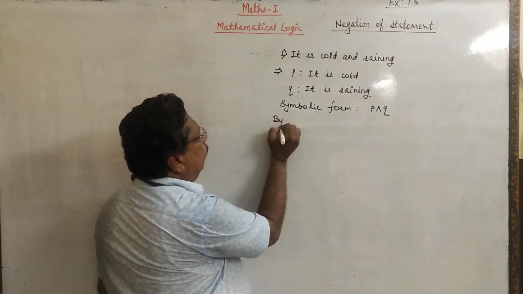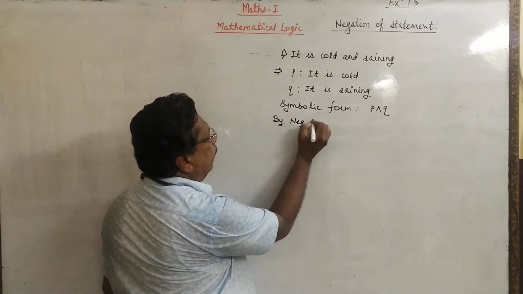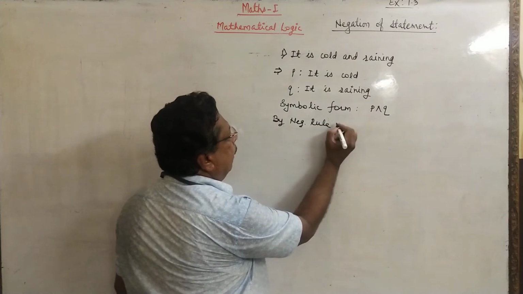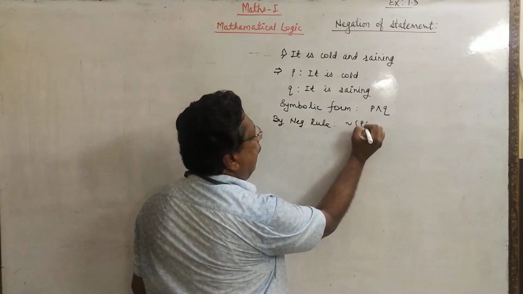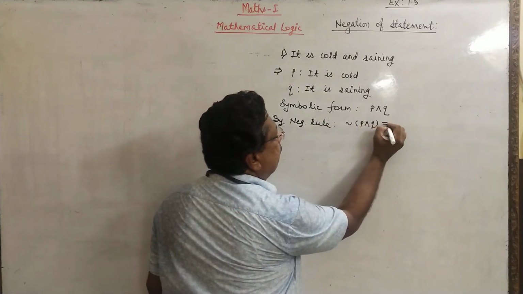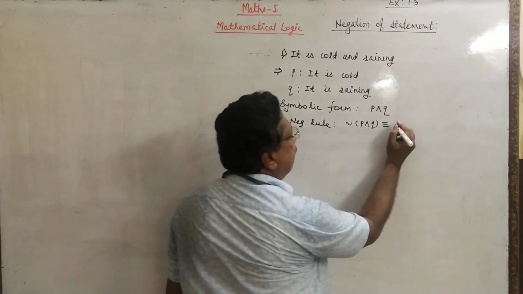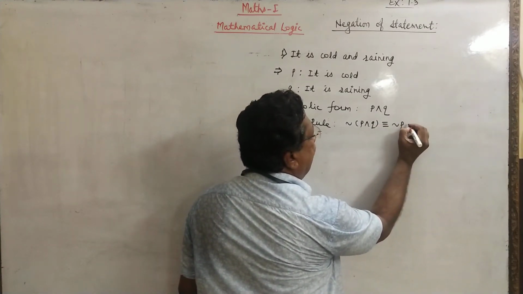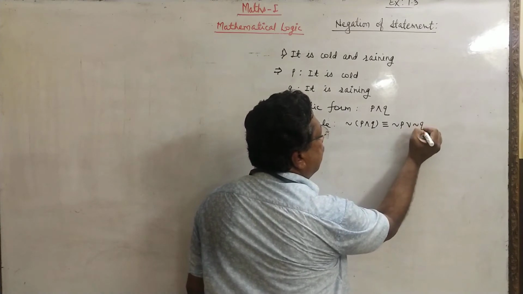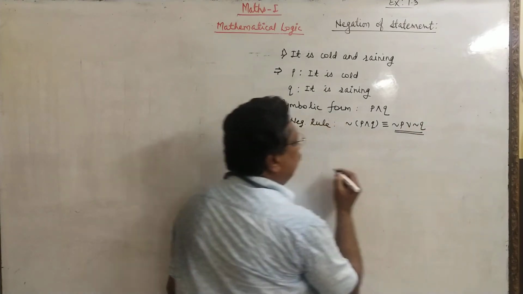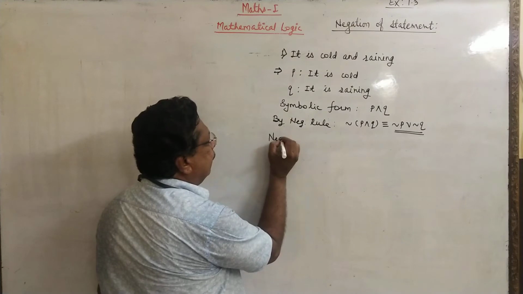By negation rule, what is negation rule? Negation of P and Q is logically equivalent to negation P or negation Q. And from this we have to write the negation statement.